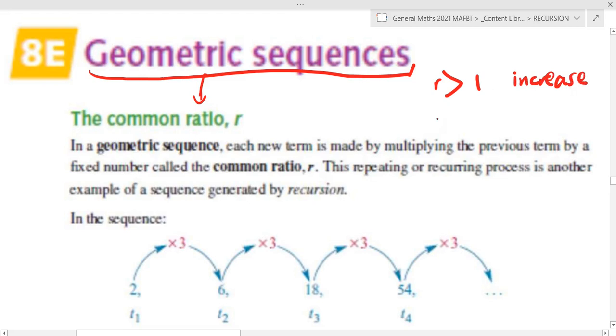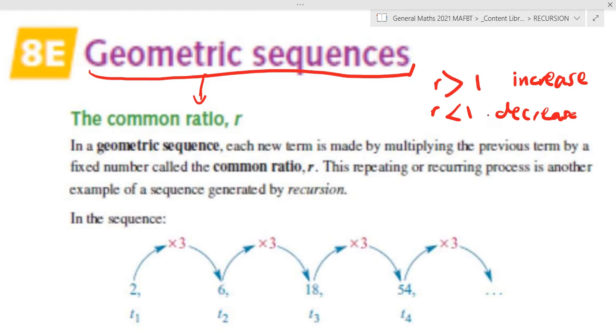Keep that in mind. If your ratio is less than 1, it's going to decrease. That's why we don't really use divide, because when you divide, obviously it gets smaller. Instead, we're just going to multiply with smaller numbers, or decimal numbers.